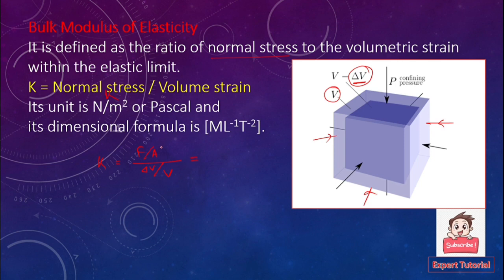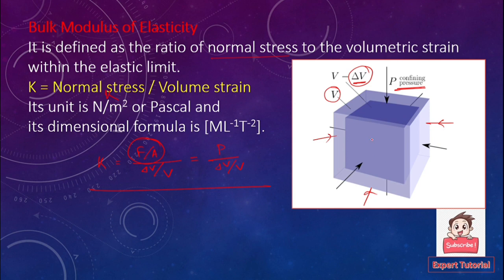And you may write this force per unit area as nothing but the pressure. So this is basically pressure by volume strain. So this is the bulk modulus, and in most of the cases it is negative, because in most of the cases after application of the force volume is decreased.